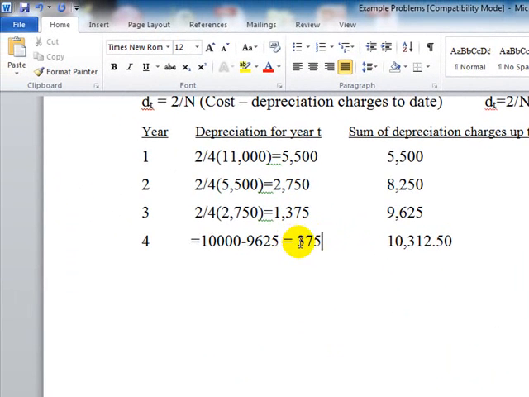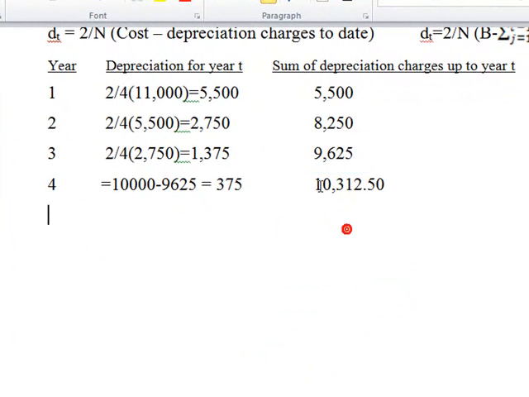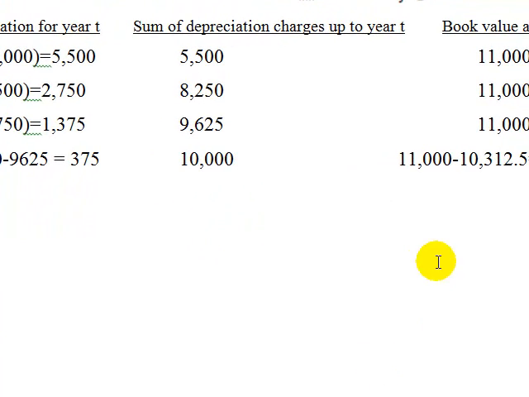Yeah, that is correct, 375. So the depreciation charge for the fourth year is 375. If we add that to 9,625, the total depreciation for the first 3 years, that will give us $10,000, right?